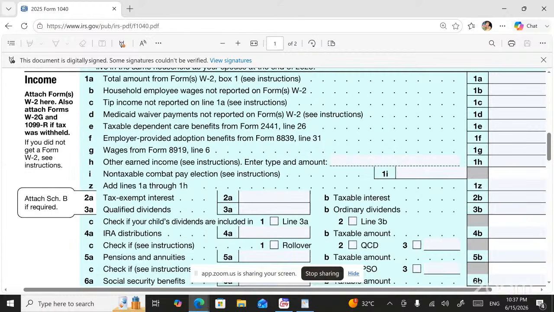We have separate analysis and explanation about W2G, might be in chapter number either 6 or 7 somewhere, in the income details. There we are going to cover it. Now coming to 1099R. R means retirement.